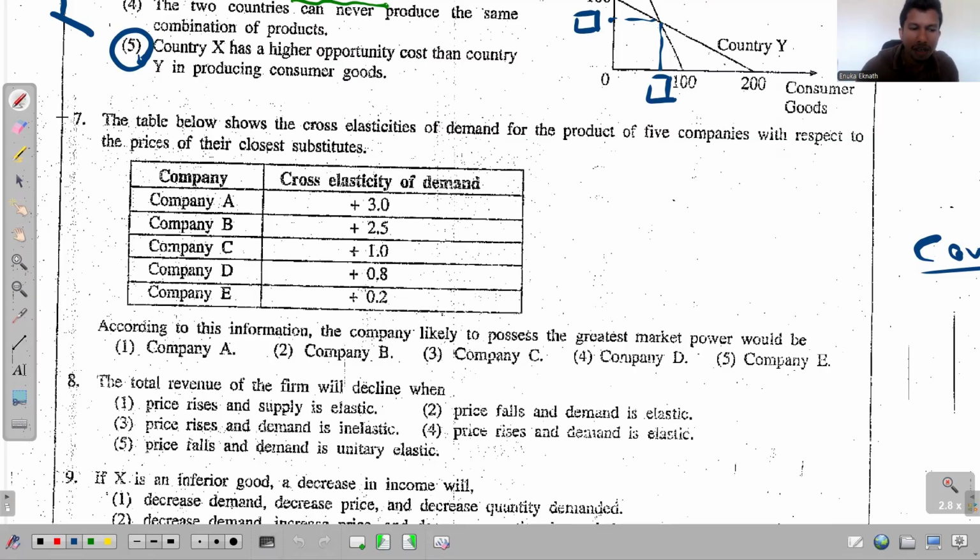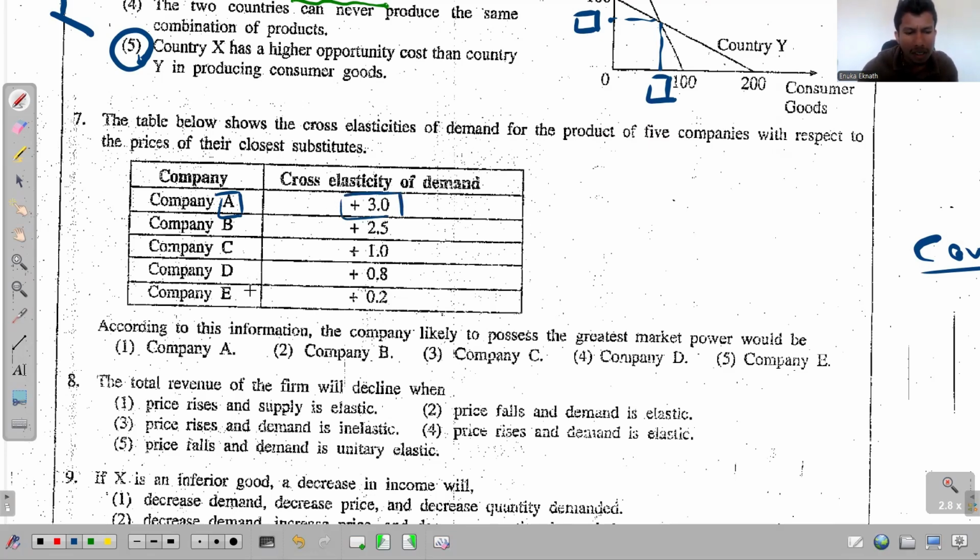Right. Now look at this question number 7. It says the table below shows the cross elasticities of demand for the product of 5 companies with respect to the prices of their closest substitutes. All right. So we see in company A, the cross price elasticity of demand is +3.